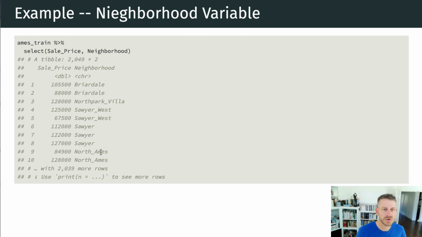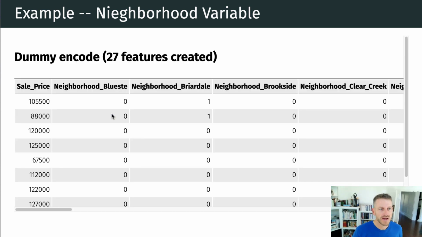So in order to convert this into some type of numeric feature that we can use in our models, we could do dummy encoding, where we have now taken each unique neighborhood within the Ames data and it becomes its own column: neighborhood Blust, neighborhood Briardale, neighborhood Brookside, neighborhood Clear Creek, and so on.